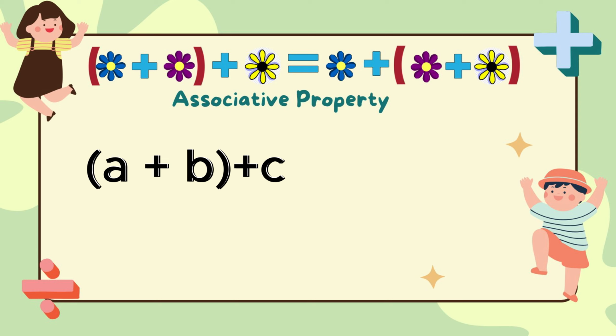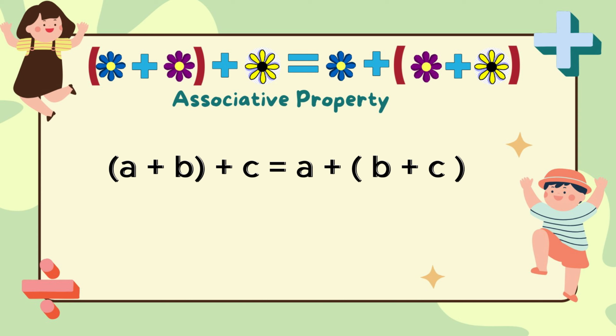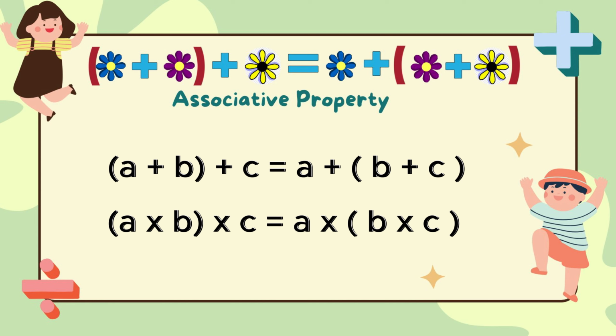That means the parentheses are around a plus b. On the right side, we apply it to b plus c, so b plus c is now the one grouped. For multiplication, the parentheses of a times b are grouped. Then on the right side, the parentheses of b times c are now grouped. This is what we mean by groupings. So, this is called changing the grouping in the associative property.